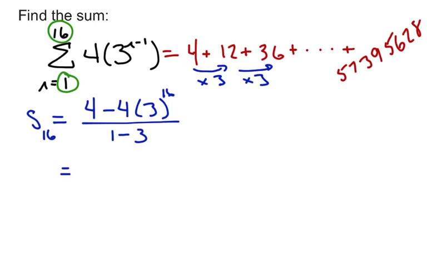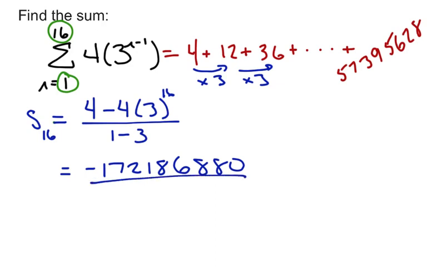You should go ahead and do this more in your calculator instead of breaking it all up. For instance, you could just type in the first line of the numerator, 4 minus 4 times 3 in parentheses to the 16th power, and you get a huge number, negative 172,186,884, and divide it by 1 minus 3, which is negative 2.